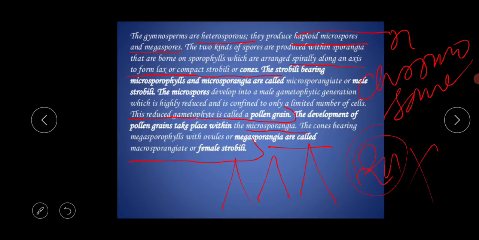The pollen grain is released from the microsporangium and carried in air currents to come in contact with the opening of the ovules borne on the megasporophylls. The pollen tube carrying the male gametes grows towards the archegonia in the ovule and discharges its contents near the mouth of the archegonia. That's why their seeds are uncovered and naked.